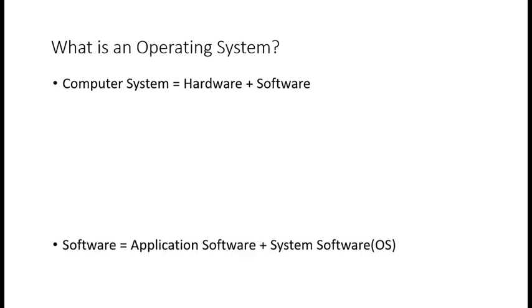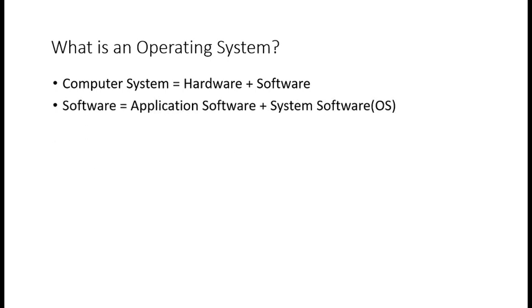Now software. How many types of software are there? Basically there are two types: the application software and the system software. And we have another type, the utility software, like disk management or antivirus.